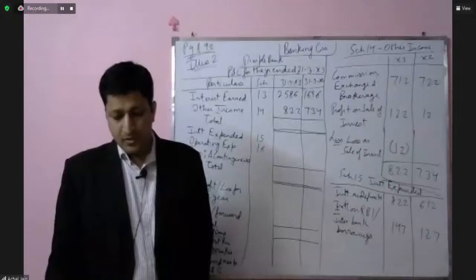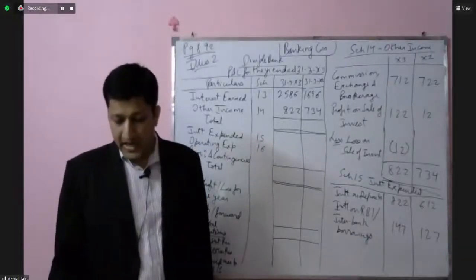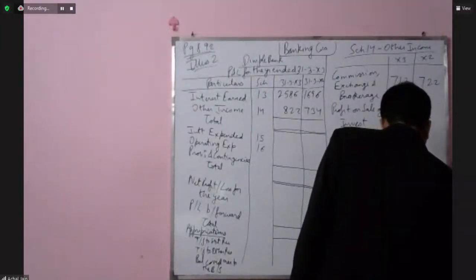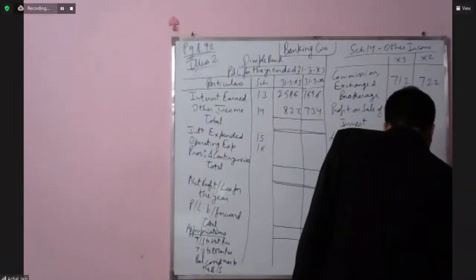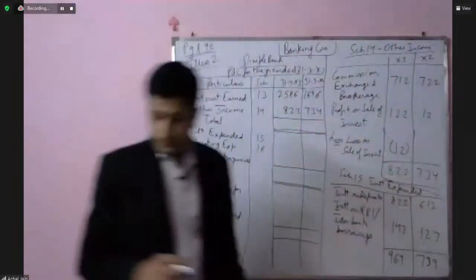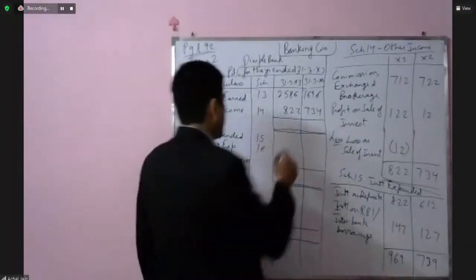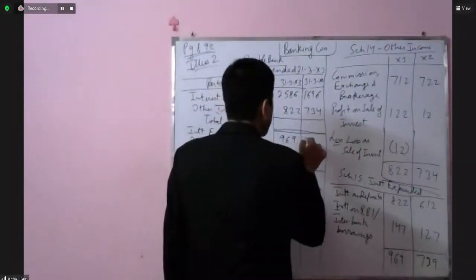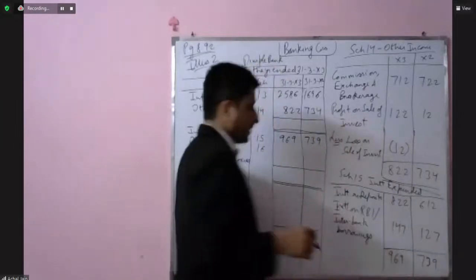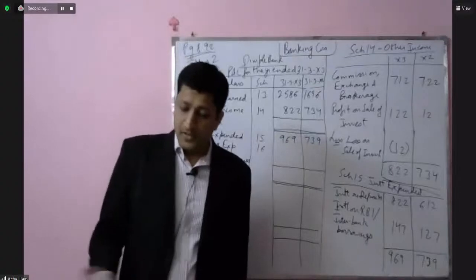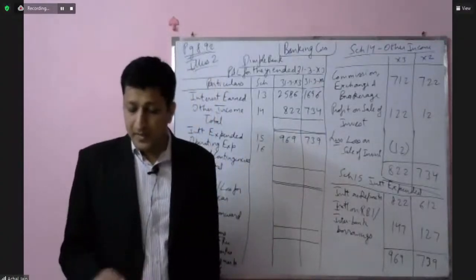Okay, so this will become 969 and 739. So we can now move this to the P&L. 969 and 739. Okay. So we are done with this interest expense.